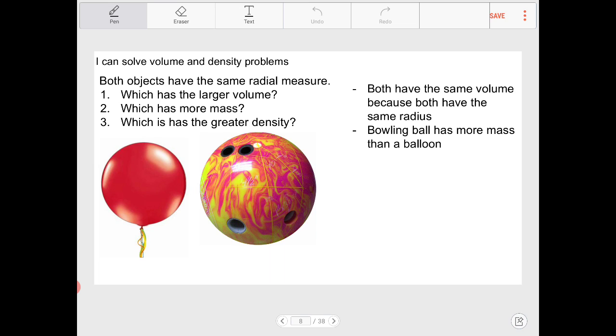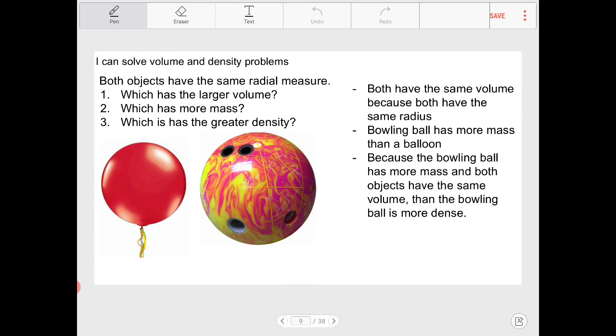Not only does it have more mass, these two things are going to be different in terms of their density. The bowling ball will be more dense than the balloon, because the bowling ball has more mass. The balloon is mostly air.